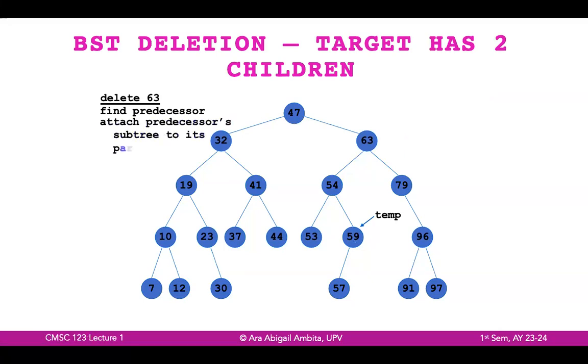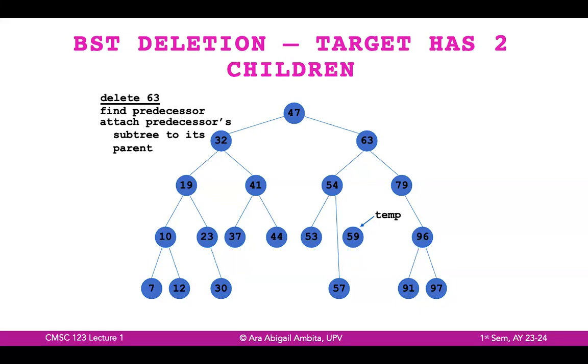What we can do is attach the predecessor's subtree to its parent. What is the parent of 59? It is 54. And the child of 59 is 57. We are going to attach the child of the predecessor, which is 59, to the parent of 59. So in this case, 57 is attached to 54.